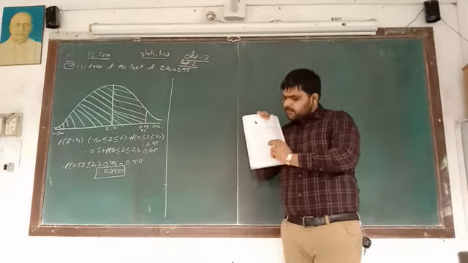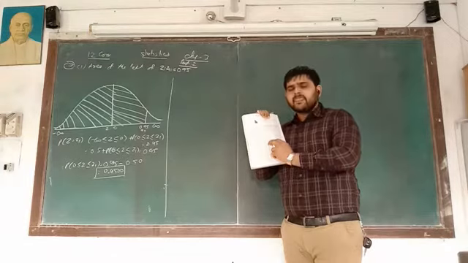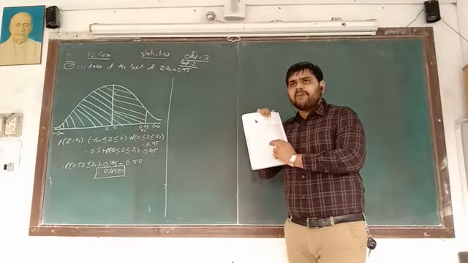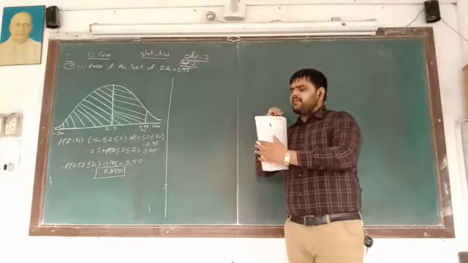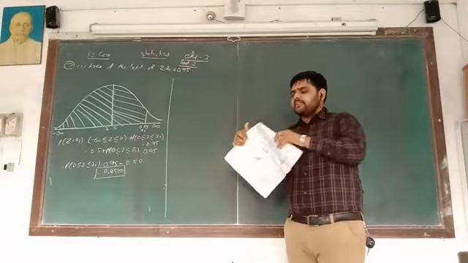So the values are 1.64 and 1.65. Here we have to take the average of both.